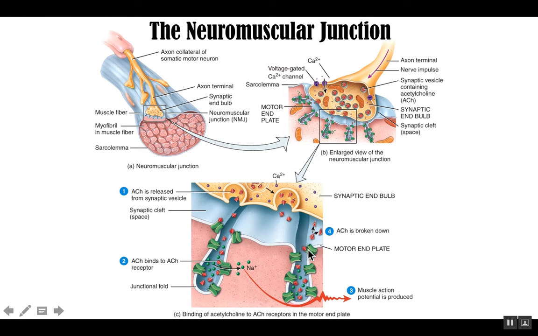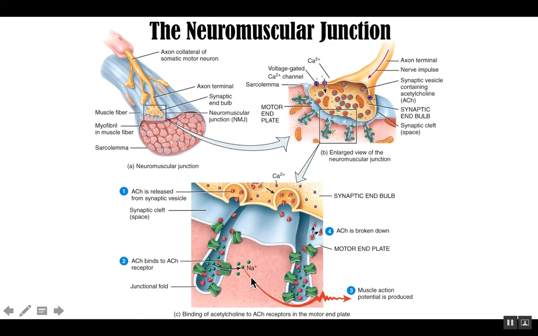The region where we find these is often referred to as the motor end plate. That's just the region of the muscle cell opposite the neuron that contains acetylcholine receptors. Once the acetylcholine binds to the receptors, shown here in green, these receptors are actually ion channels. And what they allow is a large increase in sodium entering the muscle cell.